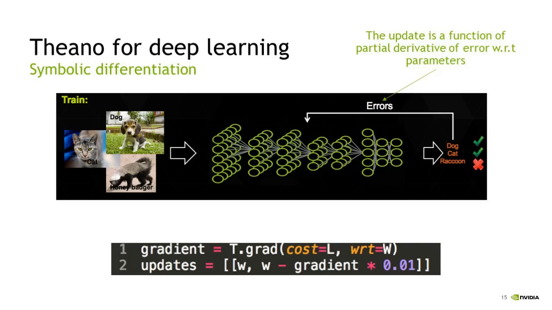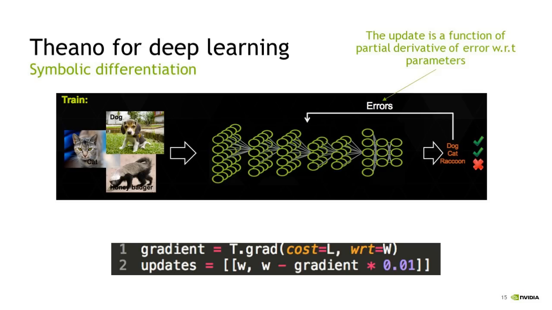It turns out if you formulate a deep neural network mathematically, it's non-trivial to work out the partial derivative of the output error with respect to all of the parameters, especially as you go down to the lower layers of the network. It can be quite complex to do that analytically using pen and paper calculus. Thankfully, Theano provides automatic differentiation for symbolic expressions.